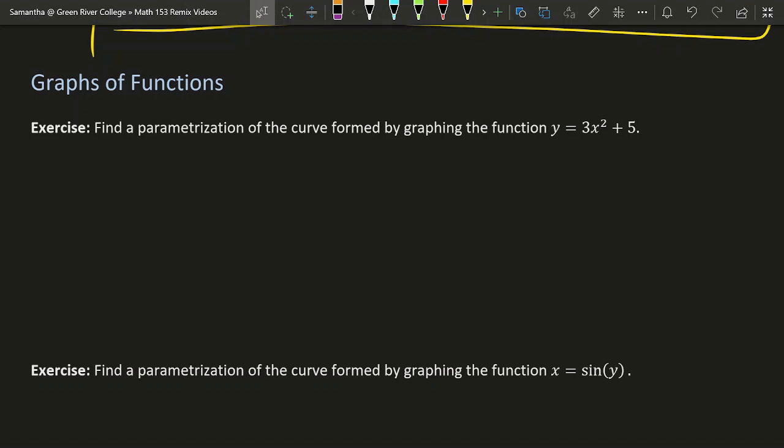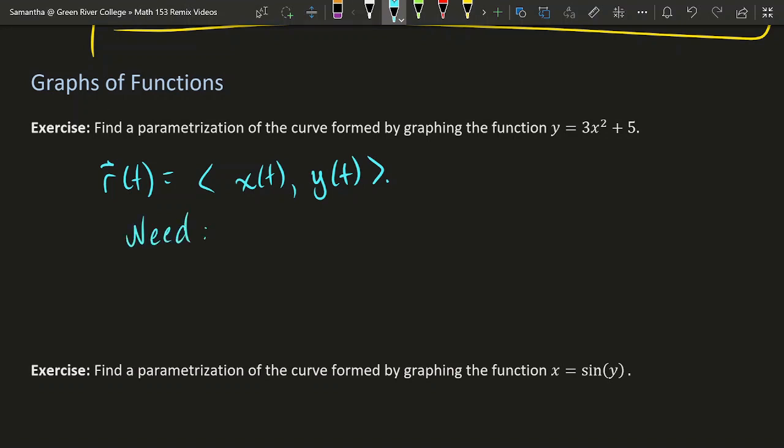So for example, let's parameterize the curve formed by graphing the function y equals 3x squared plus 5. So what I would like to do is find a formula, x of t for my x component and y of t for my y component, so that the following property is satisfied.